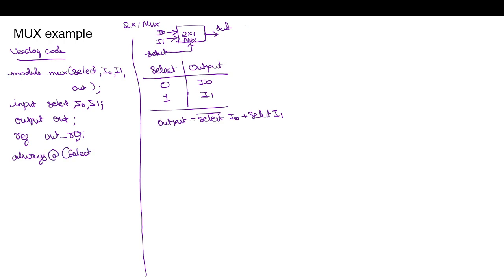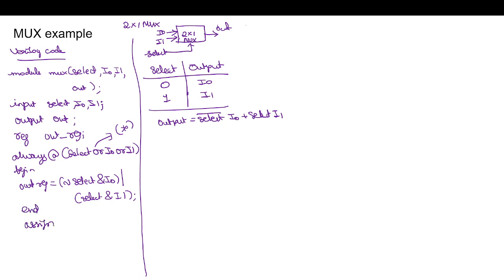So if you want to write select or I0 or I1, as we are mentioning everything, I can directly denote asterisk also. So begin. I want out_reg equal to the equation: select complement and I0 or select and I1, and then end. Then I will assign this to the final out, assign out = out_reg, endmodule.